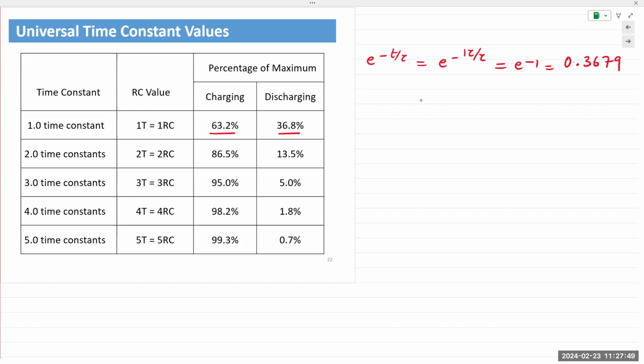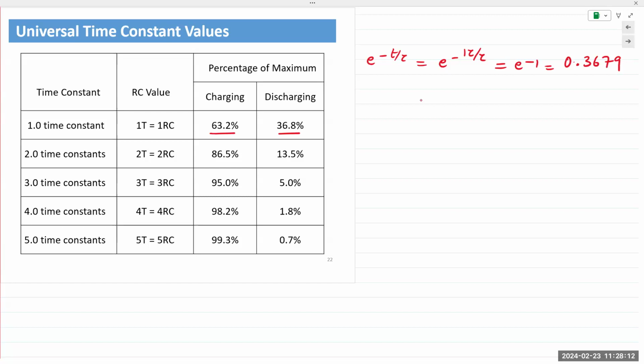It falls from a max value down to 36.79% of the max value. So it loses more than 50% of its stored energy within the first time constant, from max to less than 50, less than 60 actually, right? It loses 63.21% of its max value.